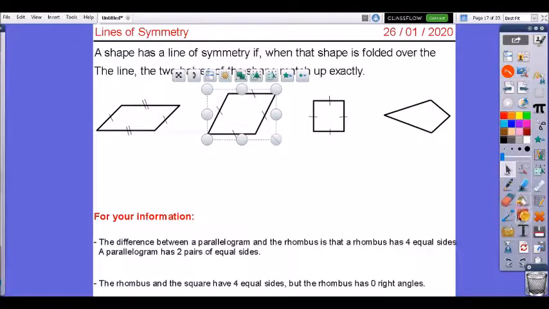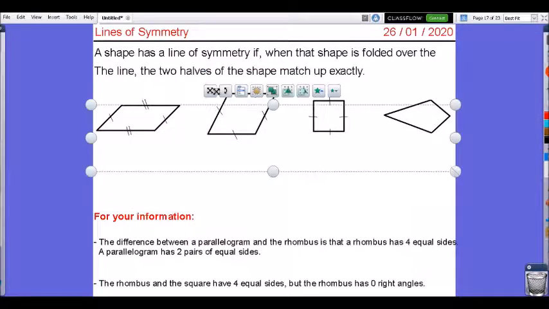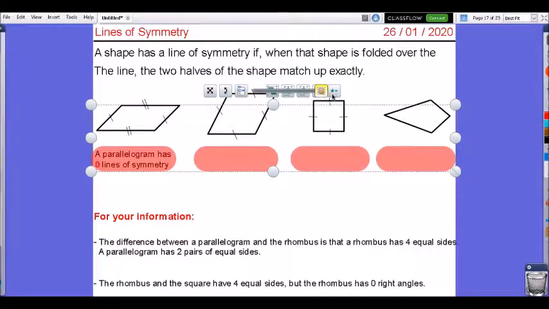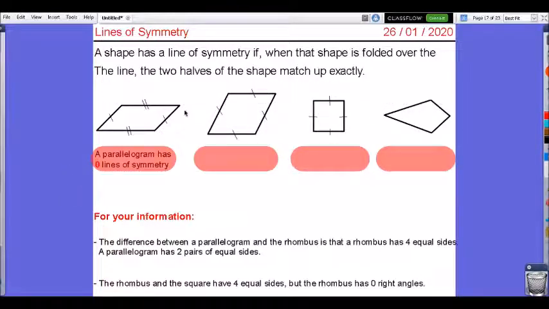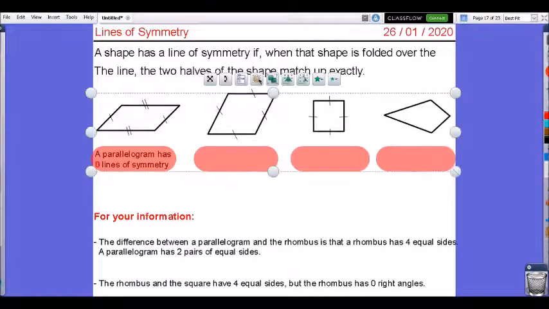Okay, let's now talk about the lines of symmetry with these 4 quadrilaterals. If we talk about the parallelogram, you just need to know that it has 0 lines of symmetry. So a parallelogram, which has here 2 opposite equal sides, not all the 4 sides are equal, it has 0 lines of symmetry. But about the rhombus over here, the rhombus has 2 lines of symmetry.